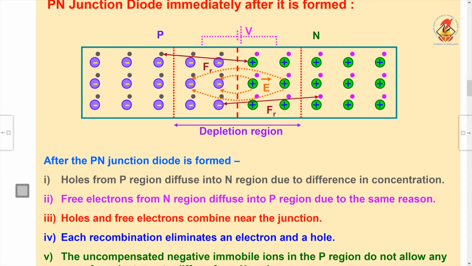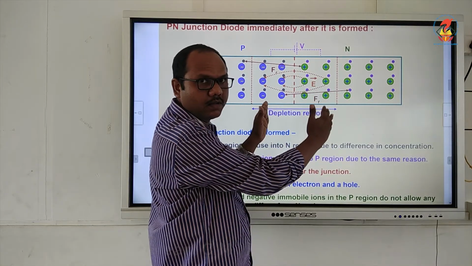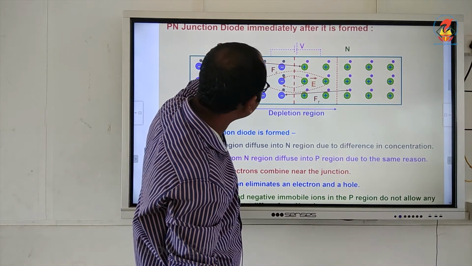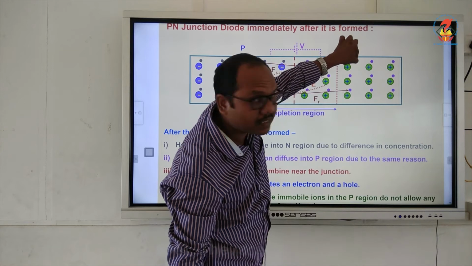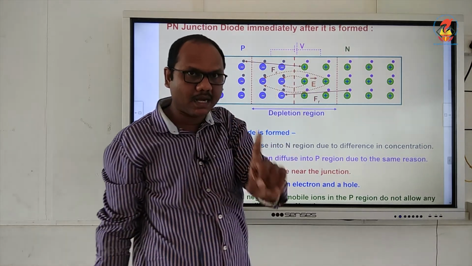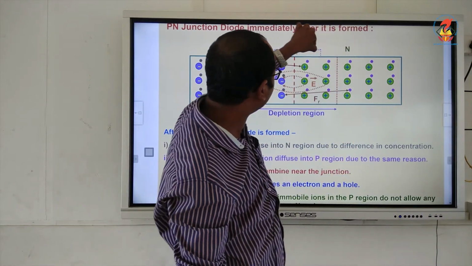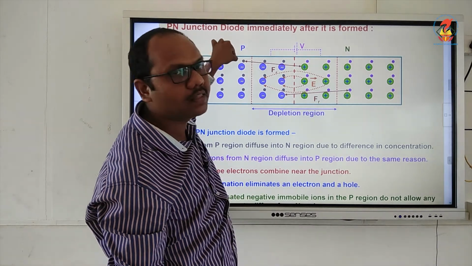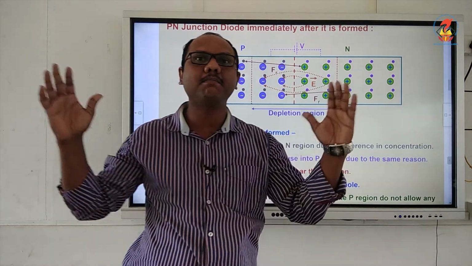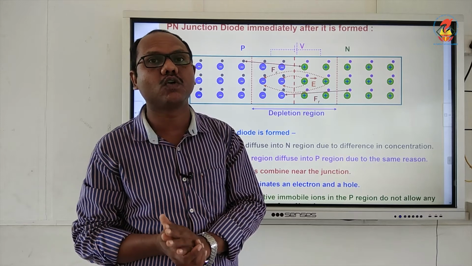So, what I explained is, after this depletion region is formed, no further hole can cross this and move towards this side to join with the electron. Similarly, no further free electron from here can cross this region and join with the holes on this side. The depletion region is actually acting like a barrier, so that electrons and holes cannot cross each other thereafter.